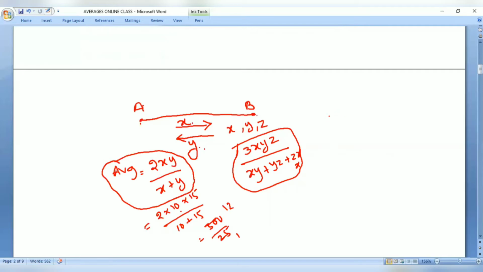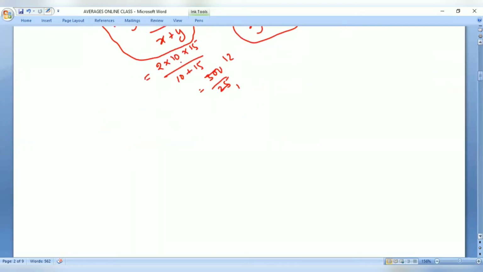Now there is a different case. For example, the person started from point A and he traveled to point B. From there he traveled to point C. Say for example, from A to B, he traveled with a speed of x kilometer per hour, then from B to C, he traveled with y kilometer per hour.